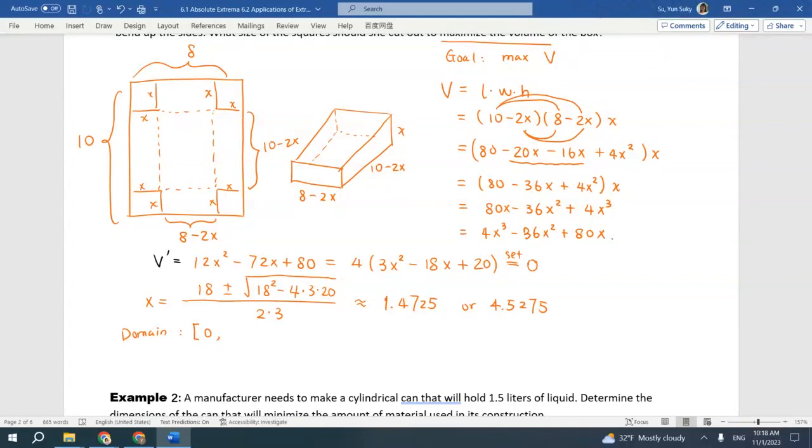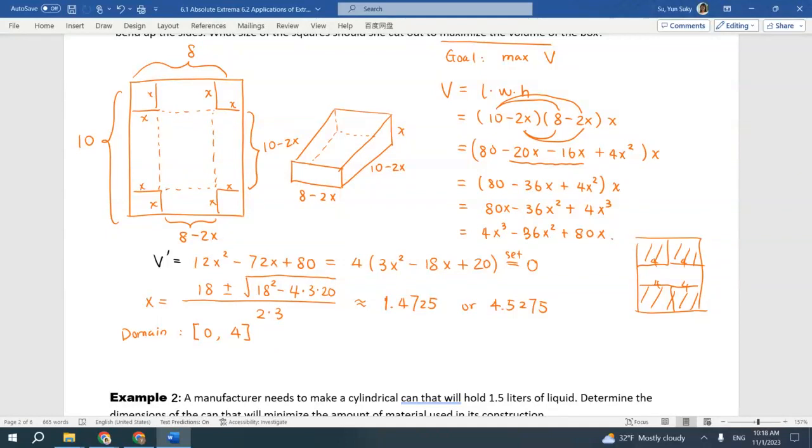So 4 plus 4 is 8. Let me draw a picture. So if you cut out 4, do you see you only get the middle strip left? But that's the maximum you can cut out, right, everybody? So the domain is 0 to 4.